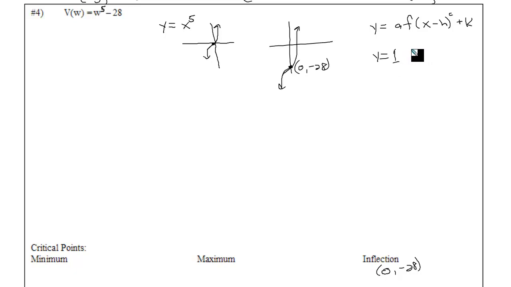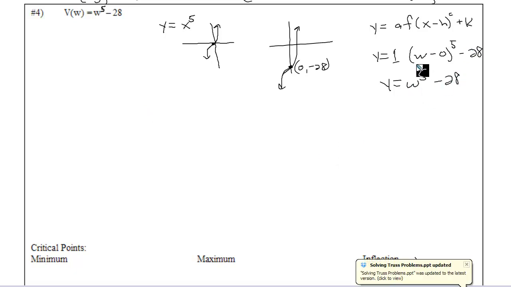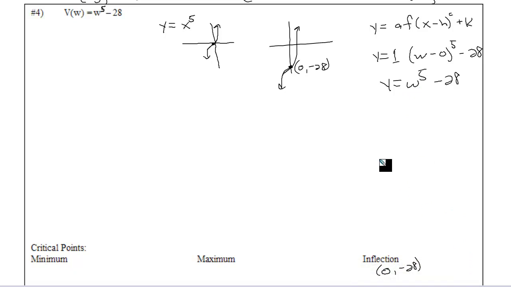Our function is w to the 5th. So we have w minus 0, to the 5th, plus 0. This all reduces to just, pardon me, this shouldn't be plus 0, it's minus 28. Same form. If it's in the correct form, then you can just find the answer just by looking at it. But you didn't know that, so let me show you the work.